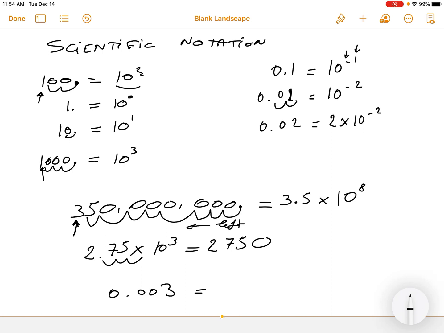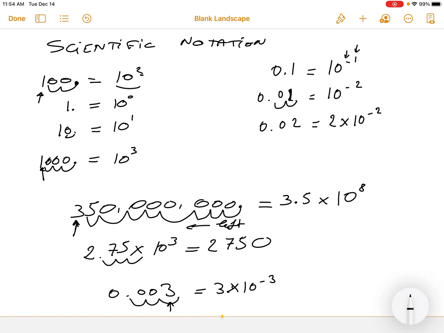So you take the number that is not 0, we'll take 3. You will place your decimal after the 3 and count by how much you're moving the decimal. So in here you'll be 1, 2, 3. So that is 3 multiplied by 10 to the power of minus 3. This is your equivalent in scientific notation.